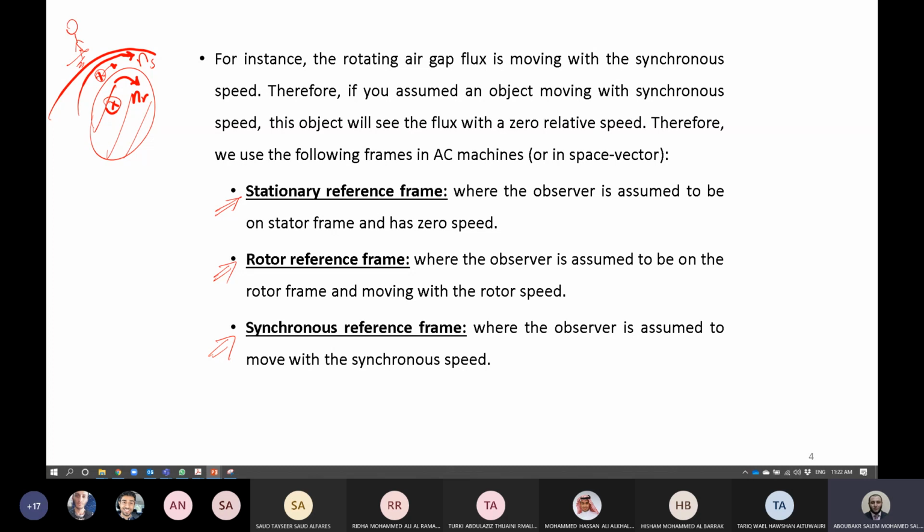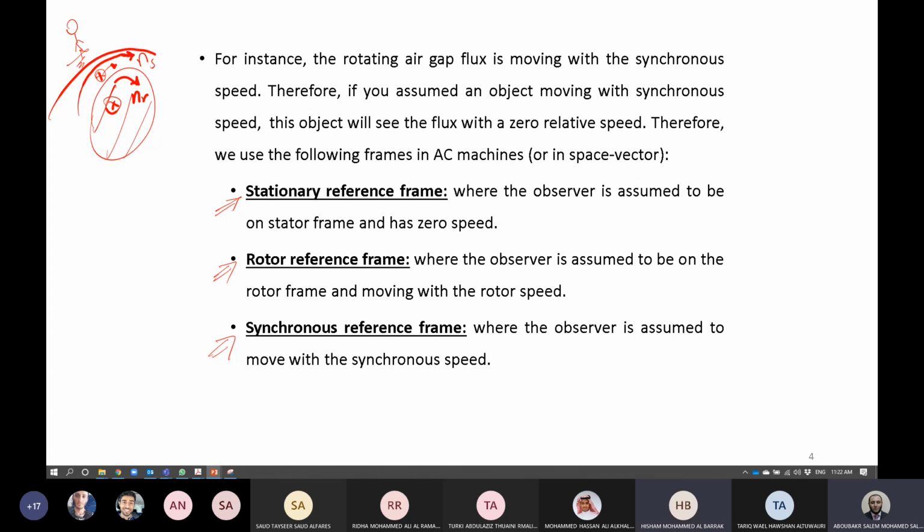So in this case, the observer will see the motor is moving in minus what? Minus slip, exactly. So if the observer is at synchronous speed, he will observe the rotor moving in minus s. Okay, minus s in RPM طبعا. Okay يا شباب, is it clear?